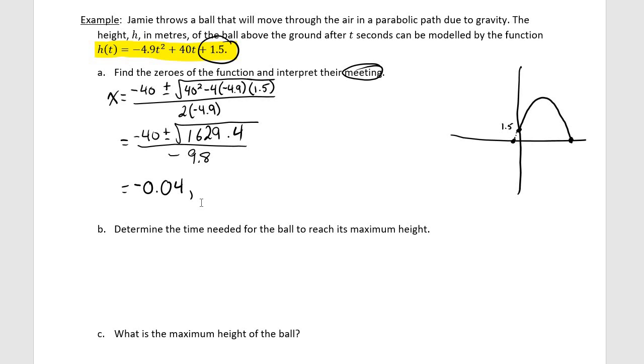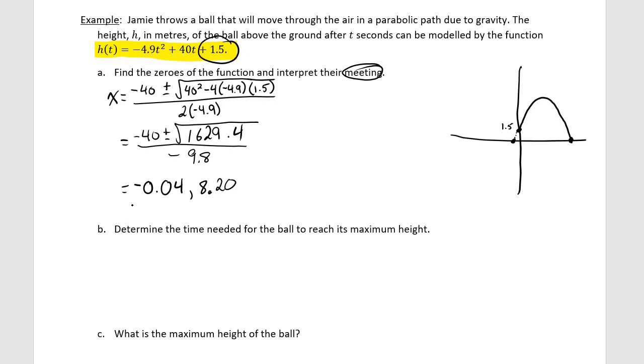And then the other one, the subtraction: negative 40 minus the square root of 1629.4 divided by negative 9.8 gives me 8.20.